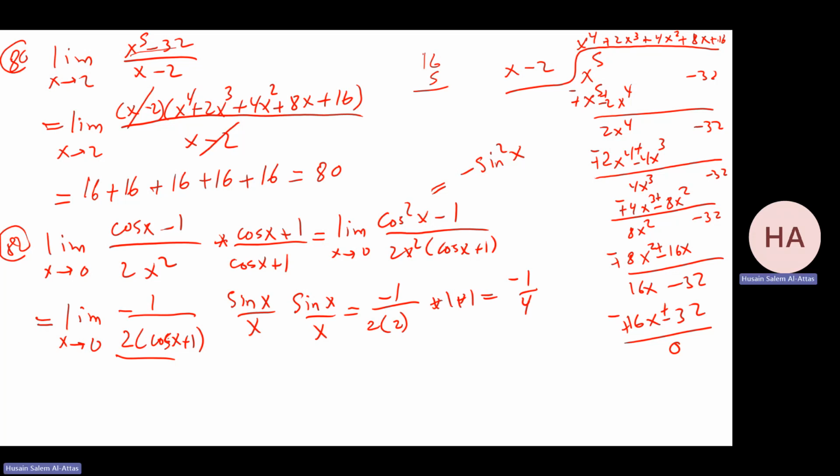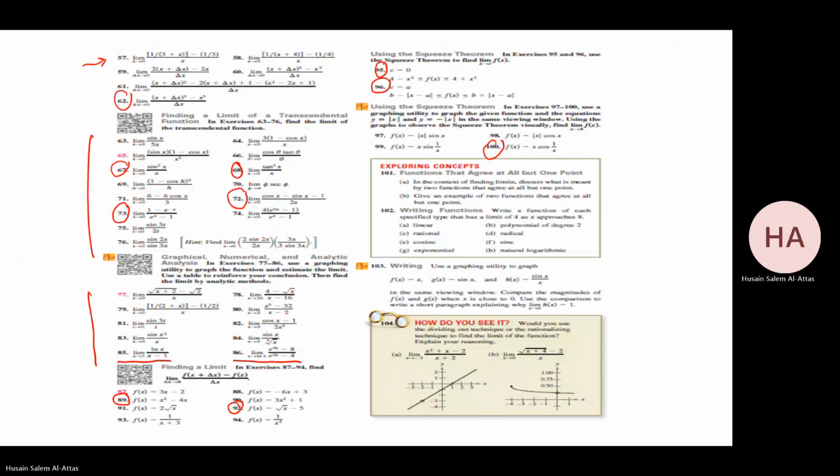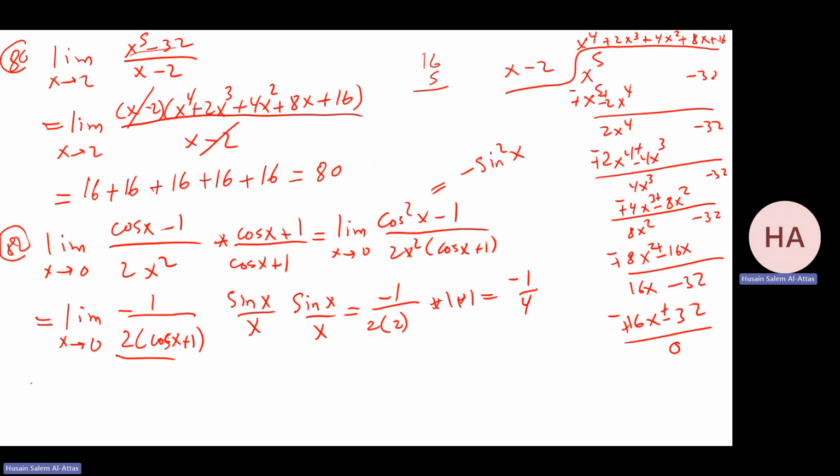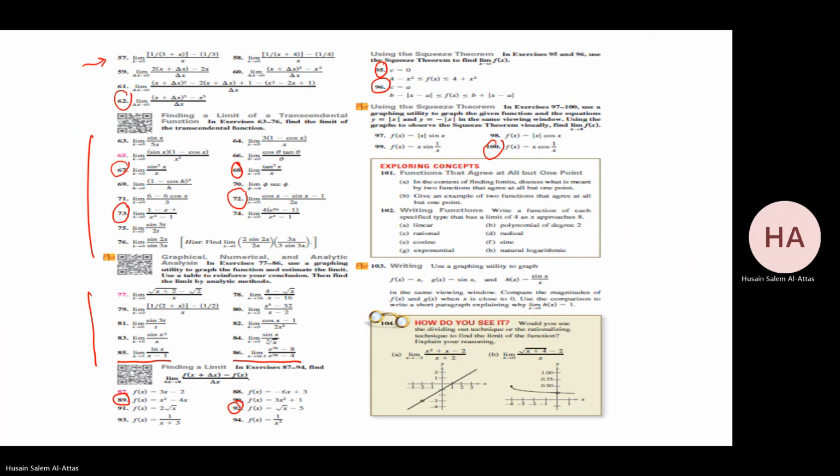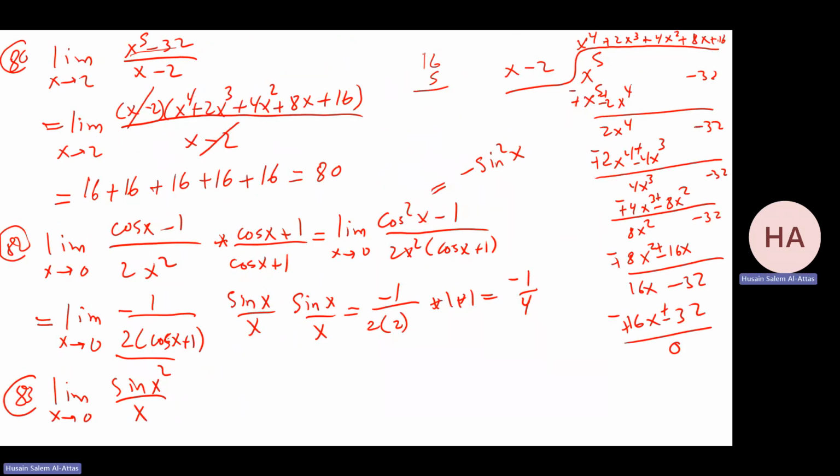I have 83 and 84. Number 83: limit as x goes to 0 of sine x squared over x. To do this, I want to have the same argument in the denominator.